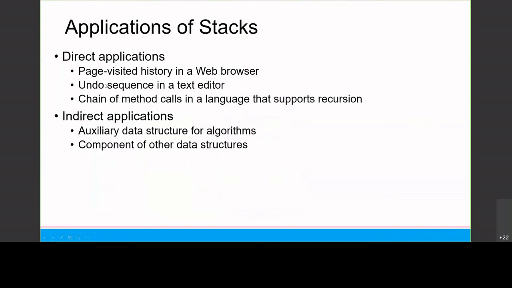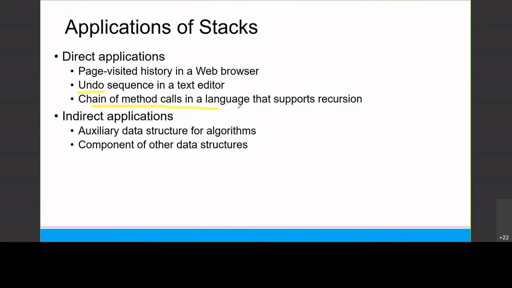So some applications, yeah, it can be related to the page history in a web browser, or it can be related to the undo sequence in a text editor. So if you are typing in Microsoft Word, or typing in PowerPoint, or typing in Hangul, okay, if you delete and then you want to undo, then it will return back.